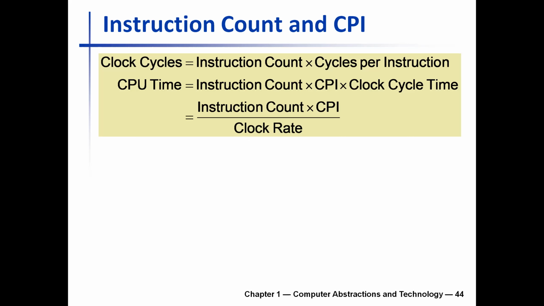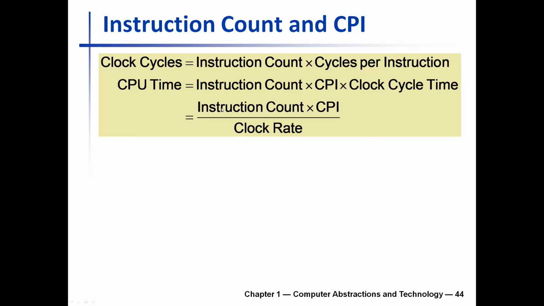So an instruction will take multiple clock cycles to complete its operation. You should know that by this point. So cycles per instruction is defined as an average value because different instructions take different numbers of clock cycles, especially on these multi-cycle CPUs.